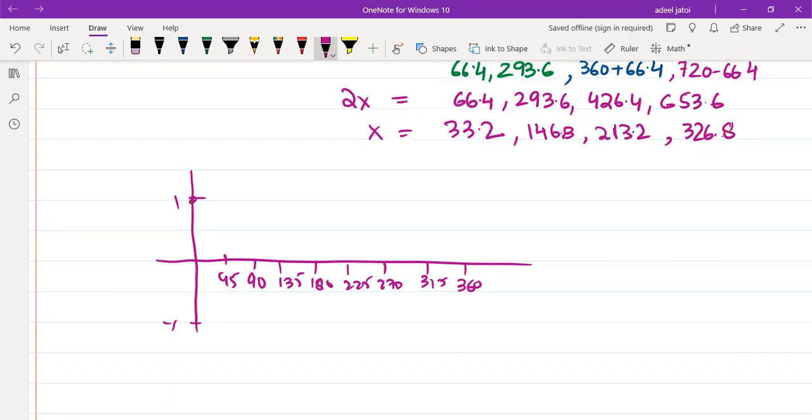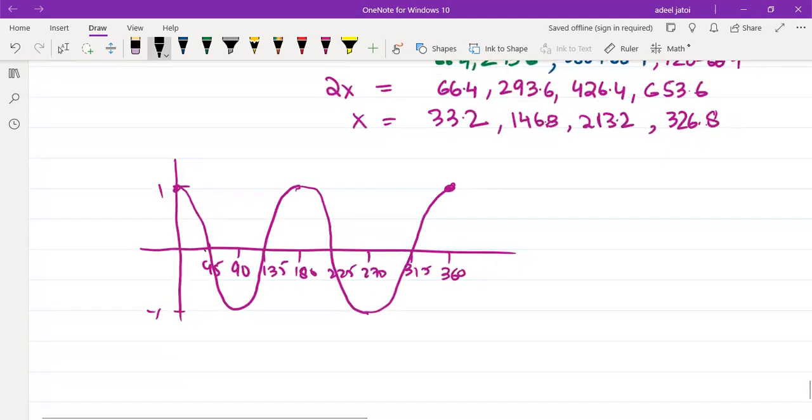If I draw my cos graph it will be something like this, the first one, and then my second graph will be like this. Do you agree? Now, in terms of solutions, how many solutions will I have for cos? Look at this. 1, 2, 3, 4.